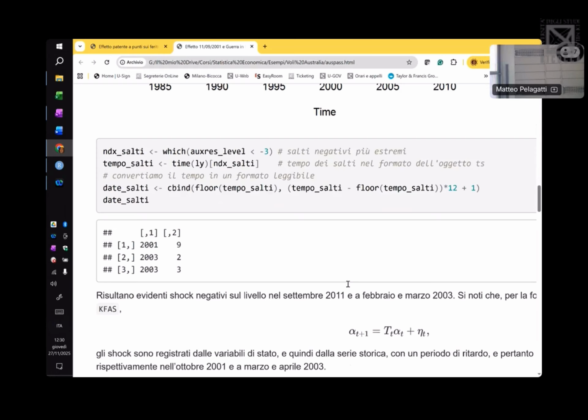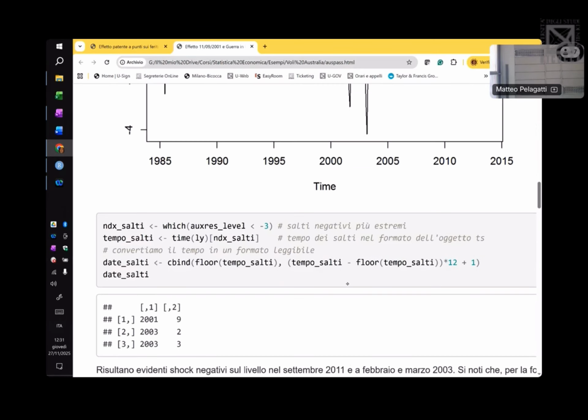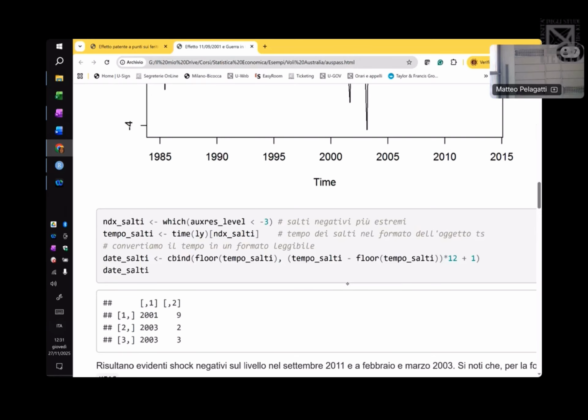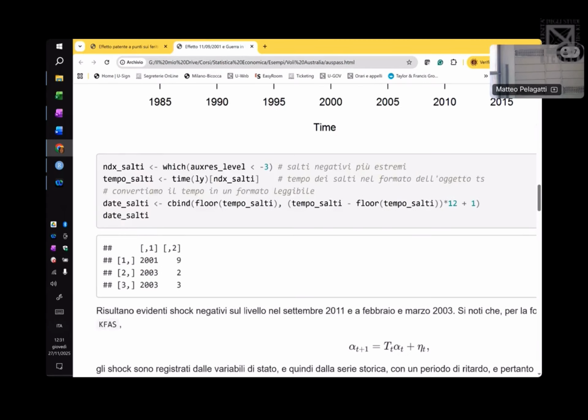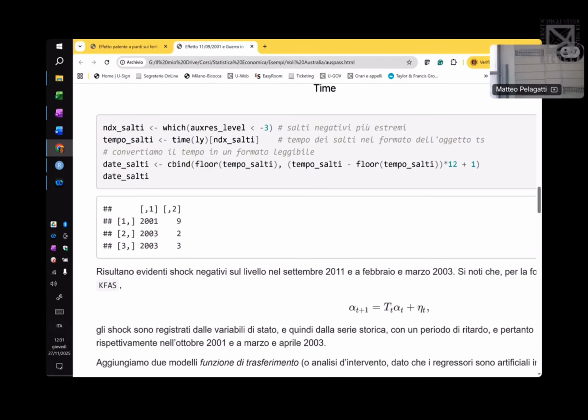One is already in February and one is in March. Because if you go back to maybe Wikipedia, the war in Iraq started with some ultimatums, so you knew in advance that it was probably going to be dangerous. So we also have the partial effect in February and then also in March when the war began.